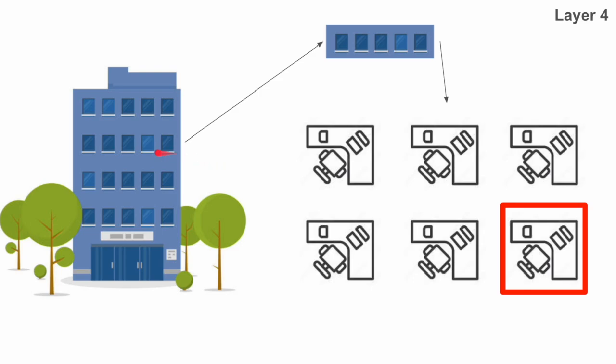Layer 4 will make sure that it ends up on the right floor, in the right office space, and at the right desk. It gets very specific about where the data has to be sent. It uses port numbers to be able to send it to a specific desk.